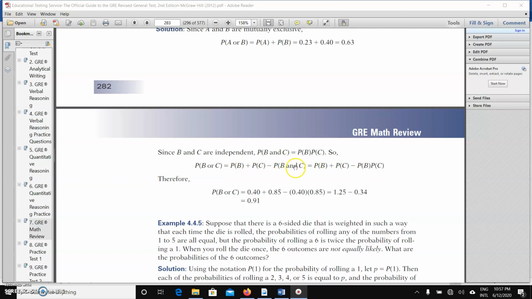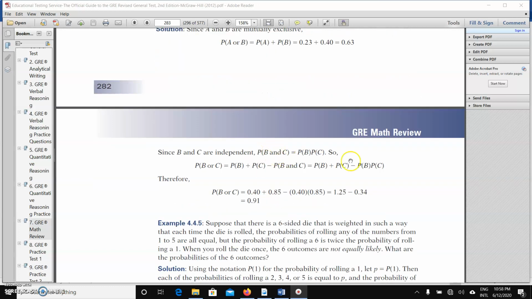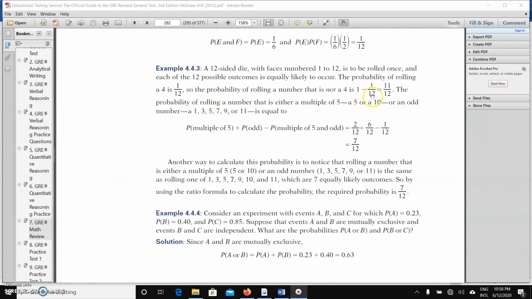So B and C is the same as probability of B times probability of C. Now we have probability of B 0.4, probability of C 0.85, which is in the question. Then you multiply the probability of 0.40 times 0.85, and that gives you the answer. So that's the difference between this question and the first question.